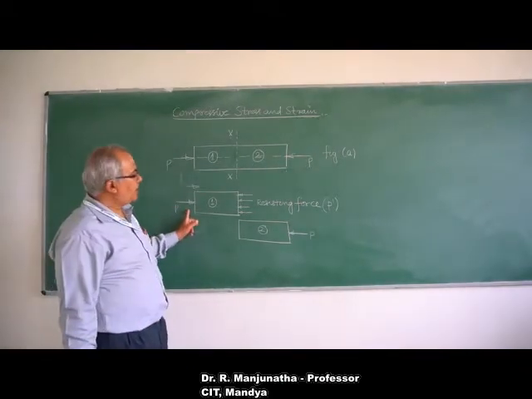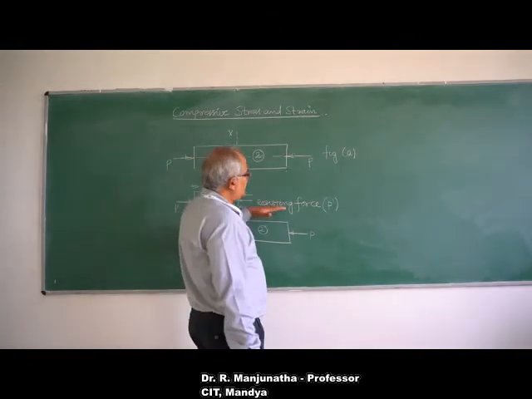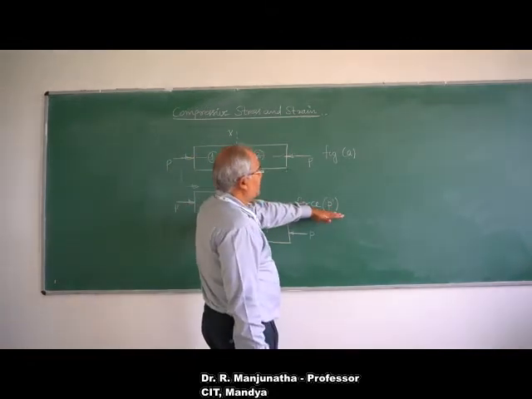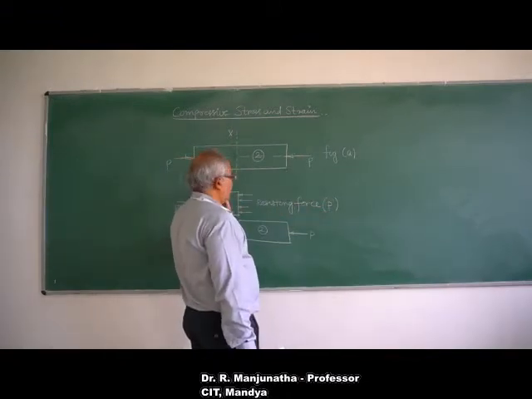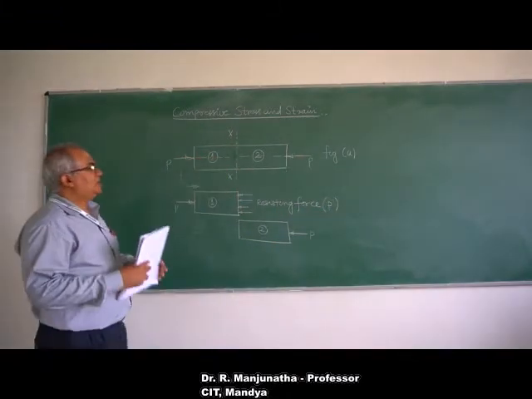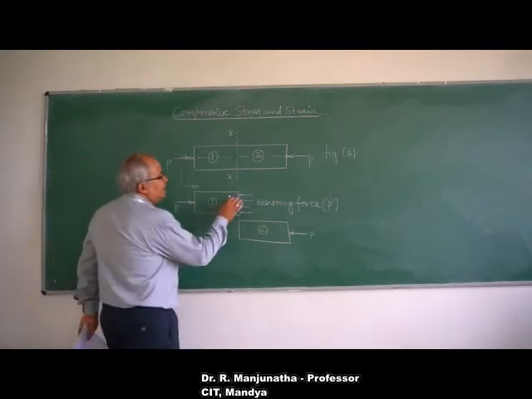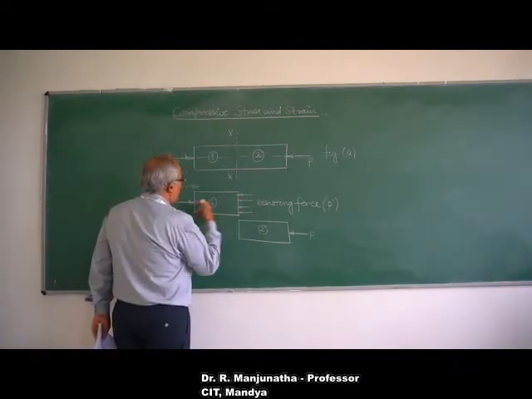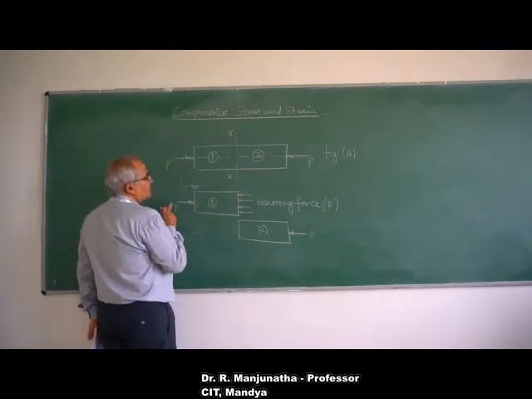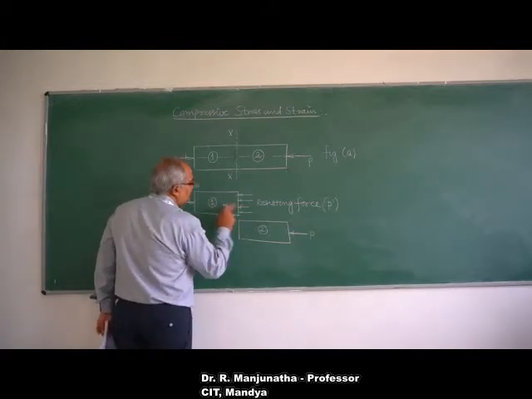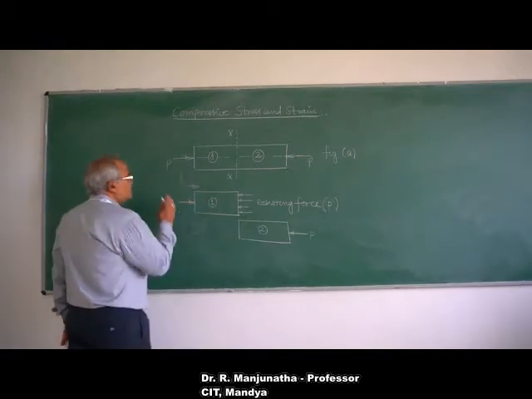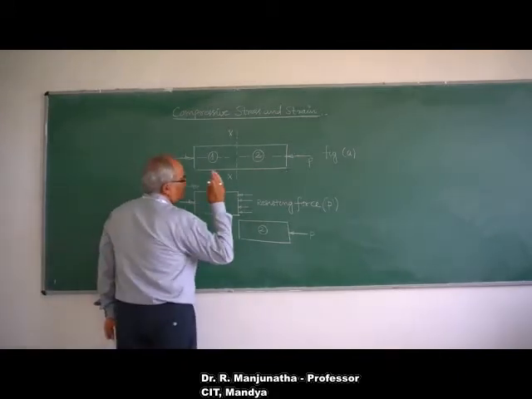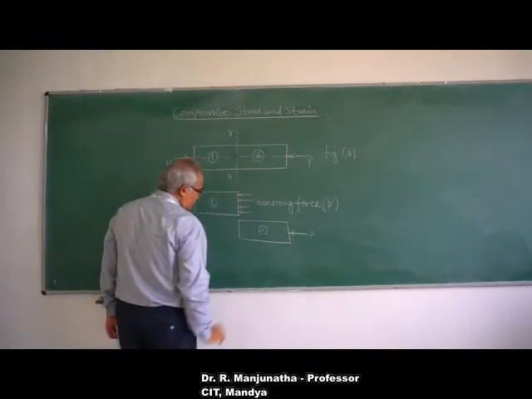In order to keep the body in equilibrium, the resisting force P dash will also be equal to 100 Newton. Then only the body will be in equilibrium condition. Once the resisting force acts on the opposite direction, both will be acting towards each other, so naturally these two will be in equilibrium. Since this is the compressive load, the resisting force will also be in compression.